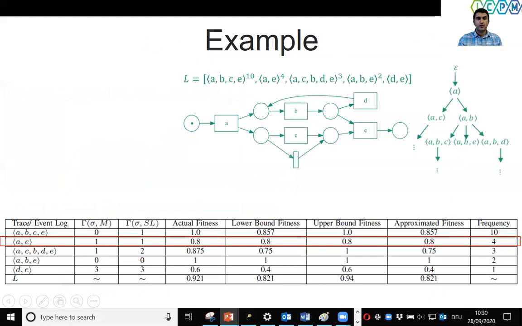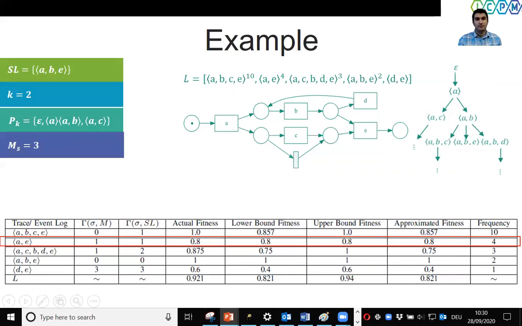Here, you can see that using our method, we are able to approximate the conformance value for an example event log and the given process model. Suppose that, using our simulation method, we expand the process tree as presented in this figure.